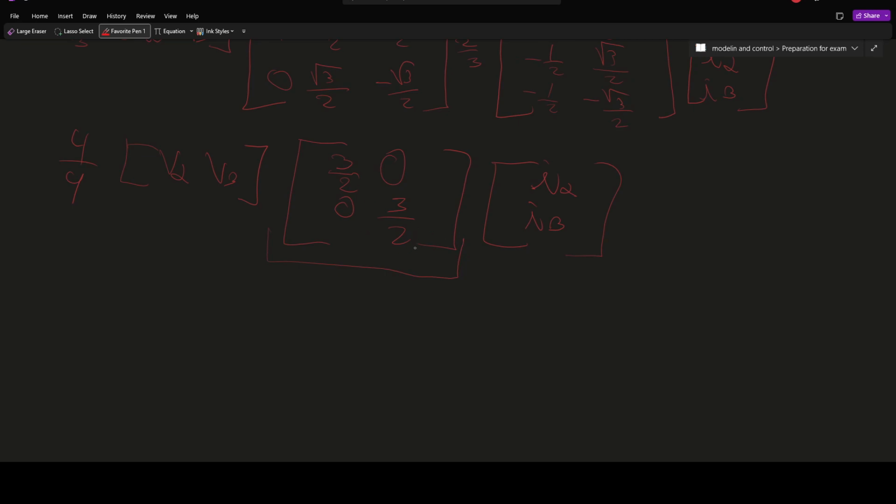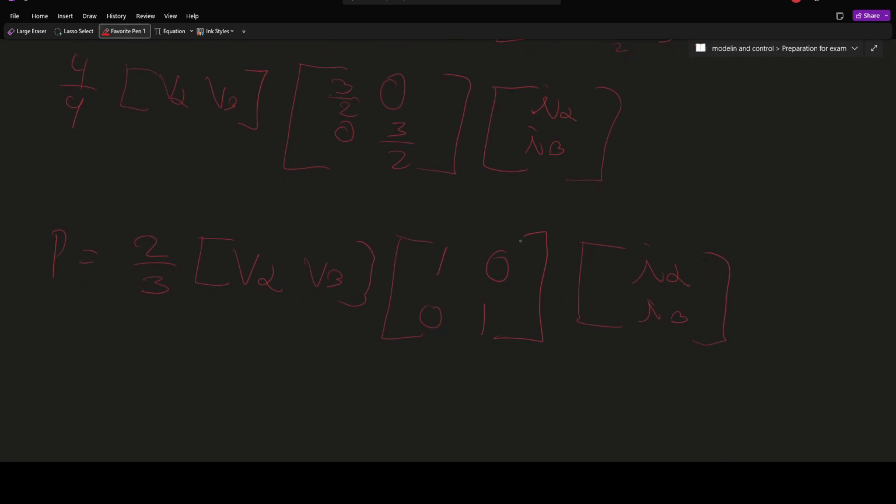Okay, now if we look at this, this matrix looks a lot like an identity, so we can just factor out the 3 halves. Remember we're calculating power, so when we multiply by our scalar, 3 halves times 4 ninths is 2 thirds. We have our components of alpha and beta, and this is gonna turn this matrix into our identity, and it has the dimension so that we can multiply it with this one.